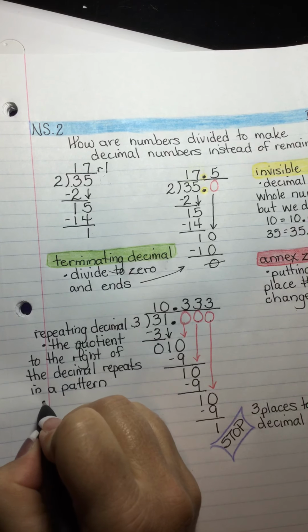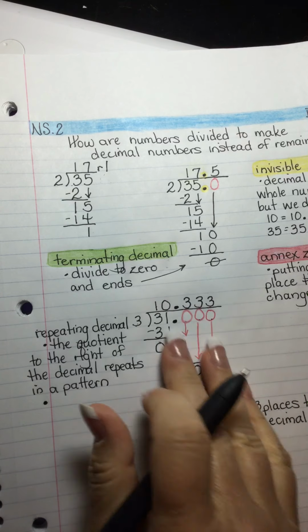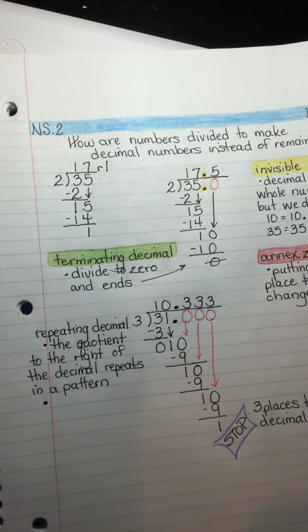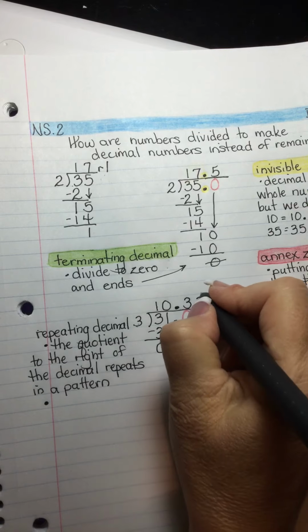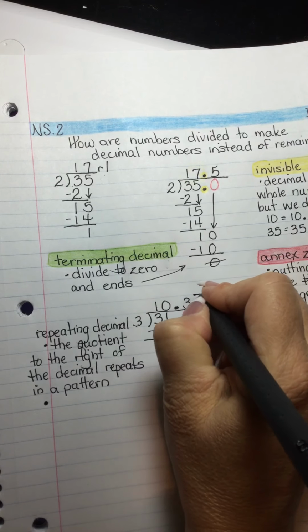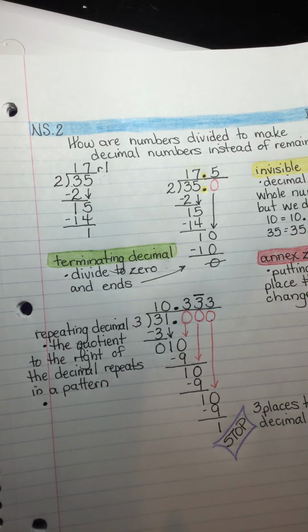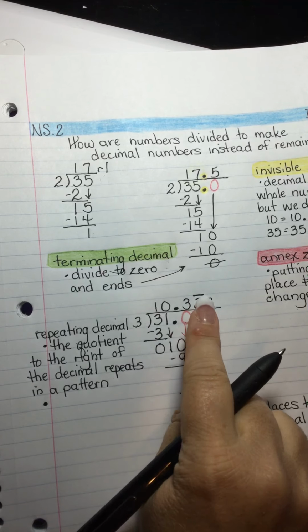And there's something that shows the reader, because you do the math not just for yourself, but for other people in life. And when you do that, you have to show people that you know that this is going to keep going and going and going and going. It's a pattern. So you're going to put a line above. I like putting it above the second one to show that it's a pattern.